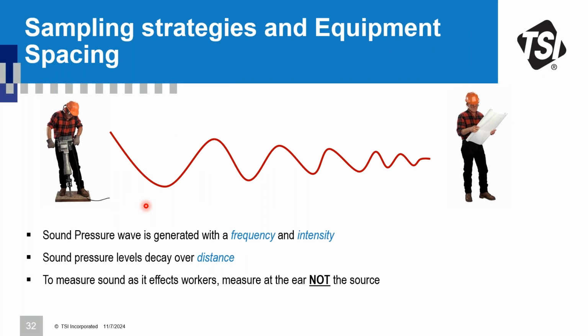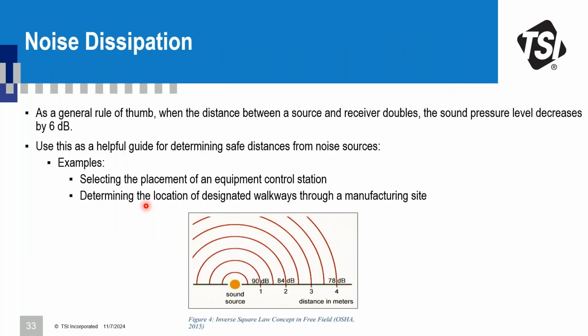Now, some of the sampling strategies and equipment placing can be determined by following the physics of noise, if you will. When you step away from noise, obviously you hear less of that noise, right? So noise decays at a certain rate. And we happen to know that that decay rate is 6 dB every time you double the distance away, right?